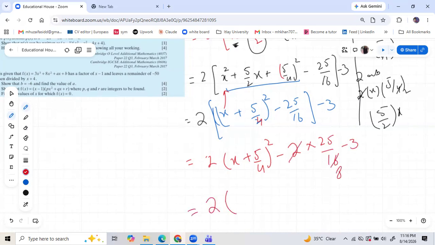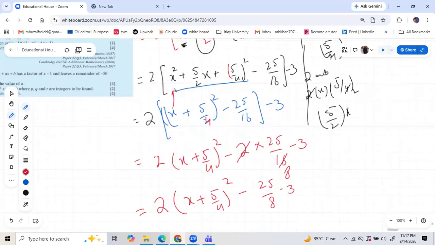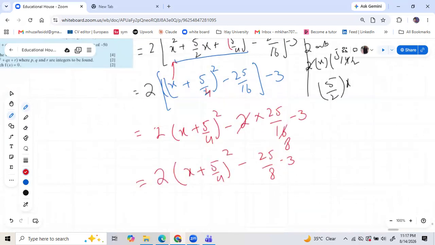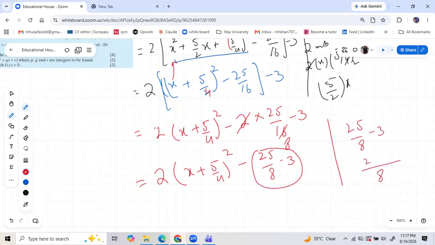This is 2 into x plus 5 over 4 of whole square minus 25 over 8 minus of 3. If we are solving this one on the rough side, 25 by 8 minus 3, so this is 8, this is 25 minus 24.